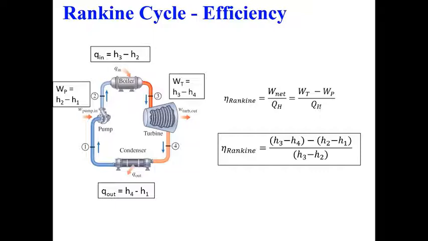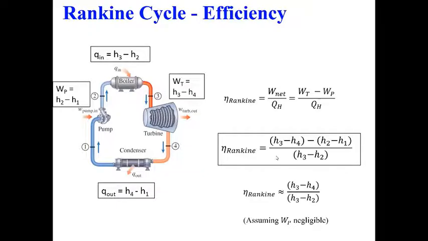Now these terms can all be noted in terms of enthalpy differences as we discussed here. So WT, work done in turbine, is H3 minus H4, which is shown here. Then WP, as we have discussed, is H2 minus H1, shown here, and Q in or QH is H3 minus H2.